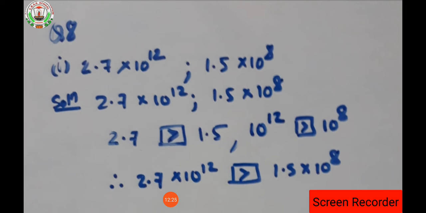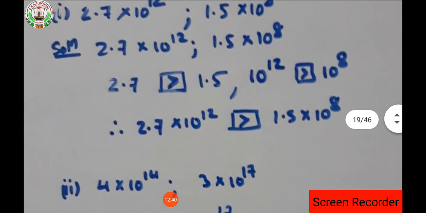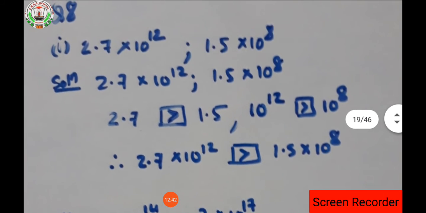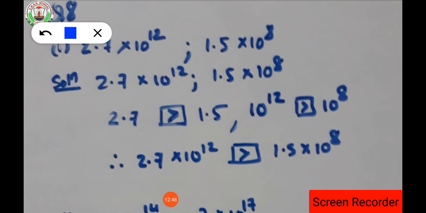So here we have 2.7 into 10 to the power 12, and the second part of the question is 1.5 into 10 to the power 8, isn't it? Here you have to see the powers.